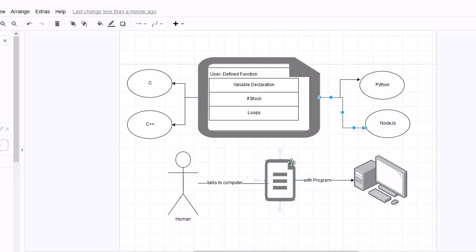The syntax is a little different in each, but the intent is the same: you can define your functions and define your variables within a function. We can use the if block if there are any conditions, and we can use loops if there is any iteration over a collection of objects within the program.